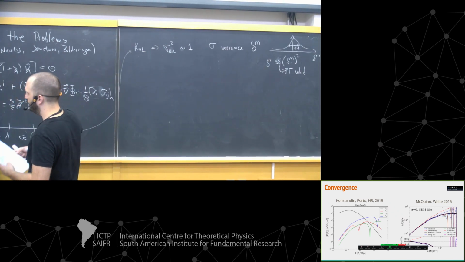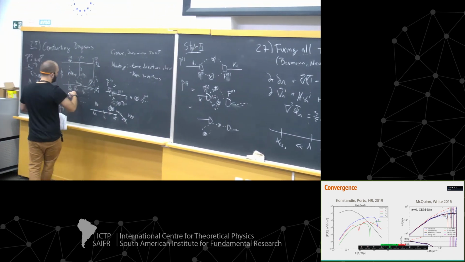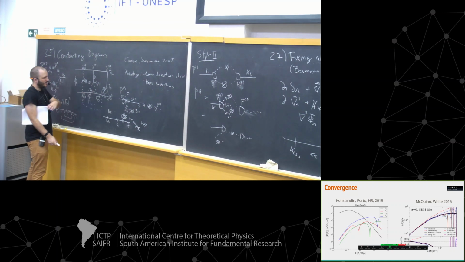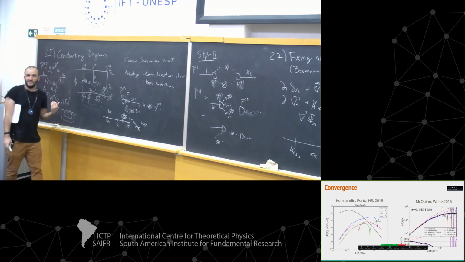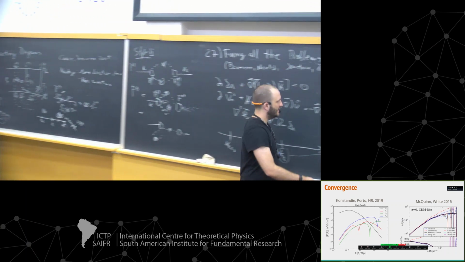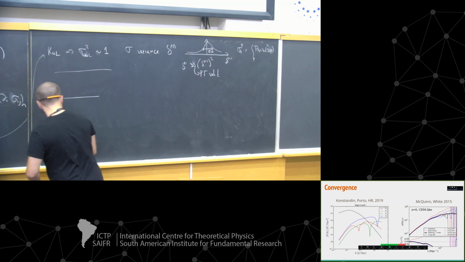So in this type of diagram we had here, we can decompose it into two different things. Those are the interactions we trust. Everything that's below lambda we trust. And everything that's larger than lambda, every interaction of modes, let me draw with two different colors.